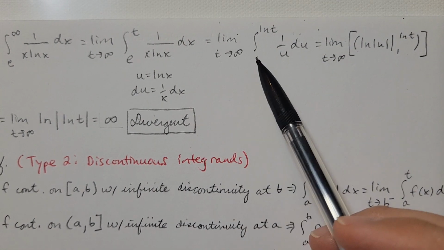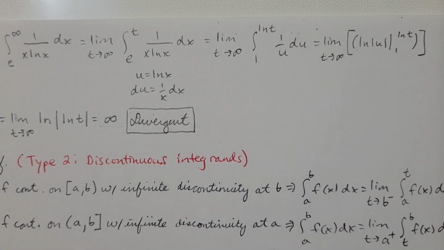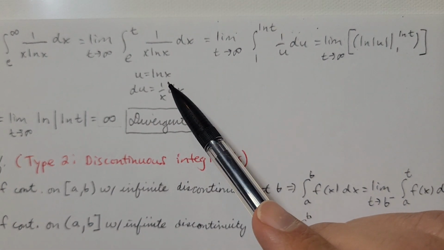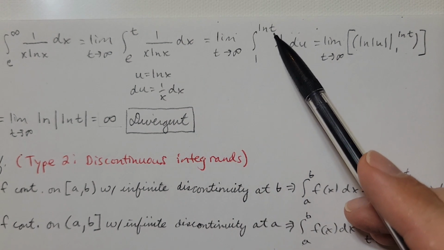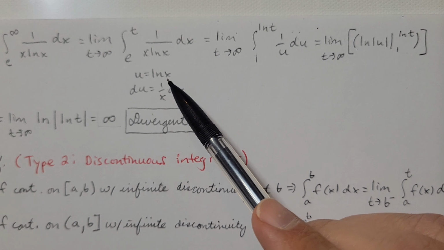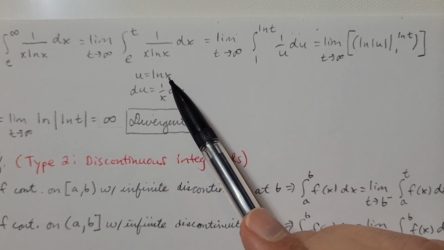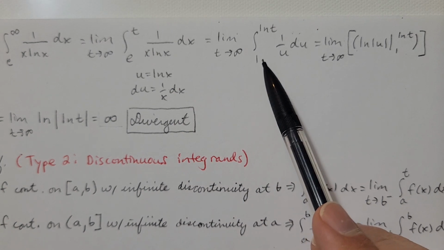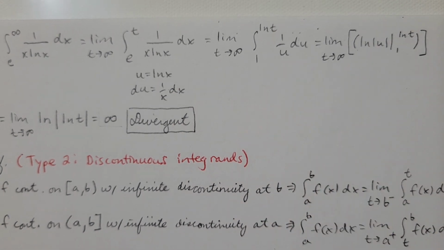So the bounds right now are in terms of x. If x is t, the upper bound is going to be the ln of t. And if x is e, the lower bound, the ln of e is 1. So I'm going to be going from 1 to the ln of t on this new integral.